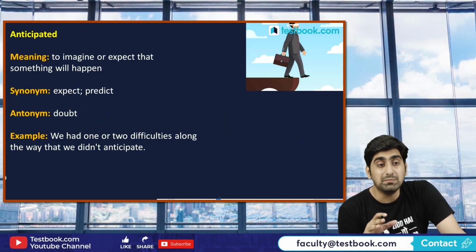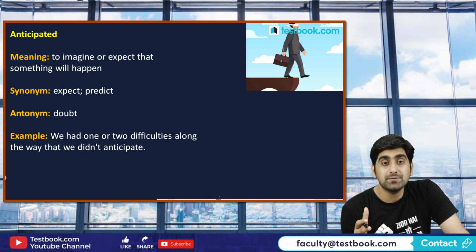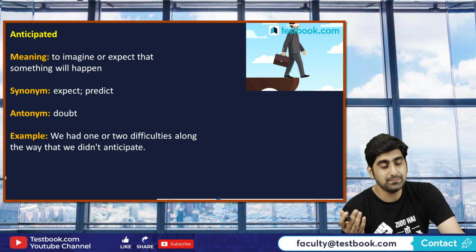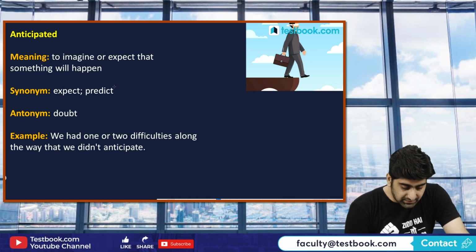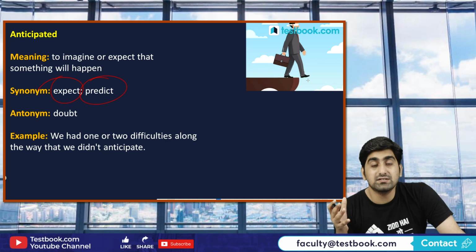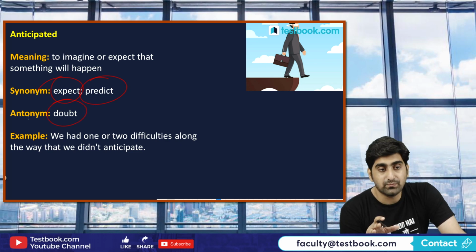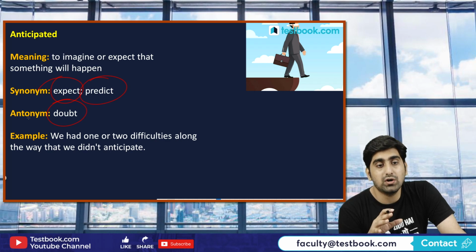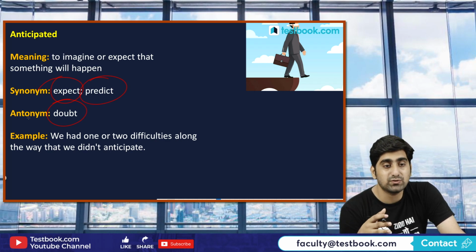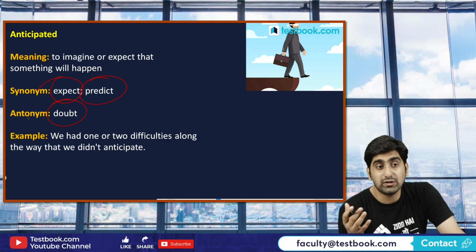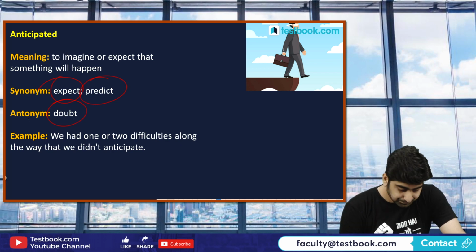Anticipated, what does it mean? It means to imagine, to expect that something will happen. So that is anticipate. Expect and predict will be the synonyms of the word, and doubt will be the antonym. We had one or two difficulties along the way that we didn't anticipate, that we could not expect.